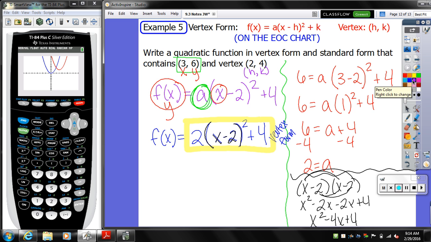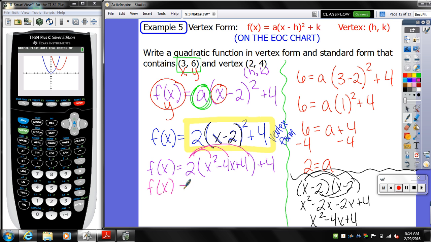So my next step will be to rewrite with that. So 2 times x squared minus 4x plus 4 at the end. Then we need to distribute that 2. So we have f of x equals 2x squared minus 8x plus 8.